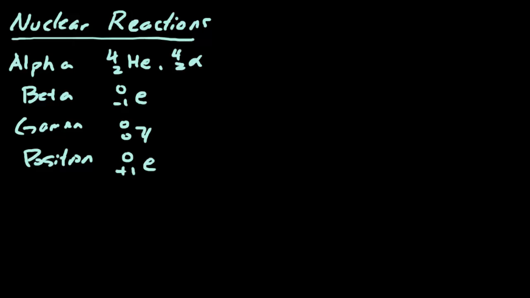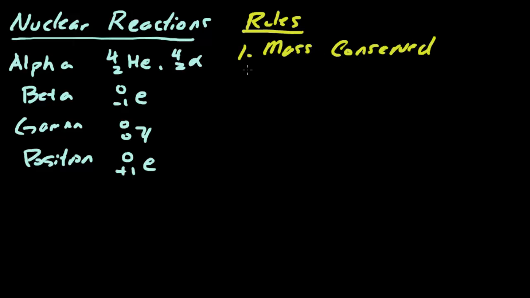There are 2 rules to balancing. The first rule is that mass is conserved. And the second rule is that charge is conserved. So mass is the number that we have on top.